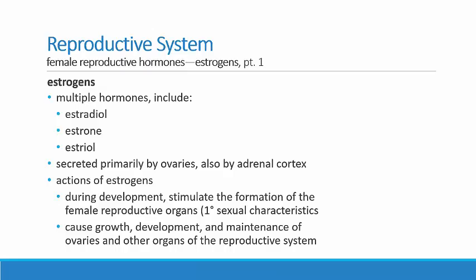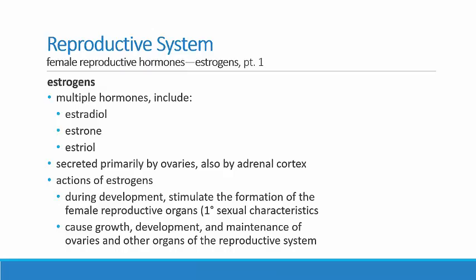So what does estrogen do? Well, remember back when we were talking about development of the fetus in the uterus. The fetus, if it has the genetics of a female, will produce a lot of estrogen while it is developing, and so the estrogen that's released during early fetal development is what's going to stimulate the formation of the female reproductive organs, what we think of as the primary sexual characteristics.